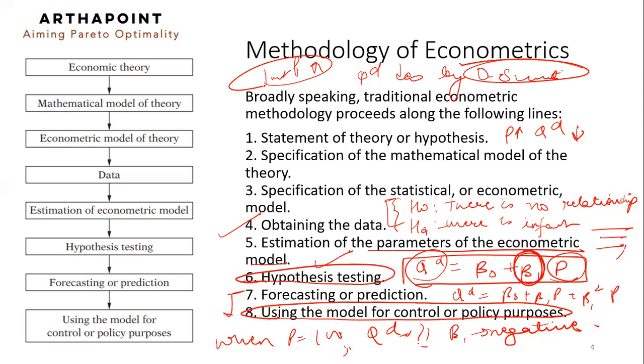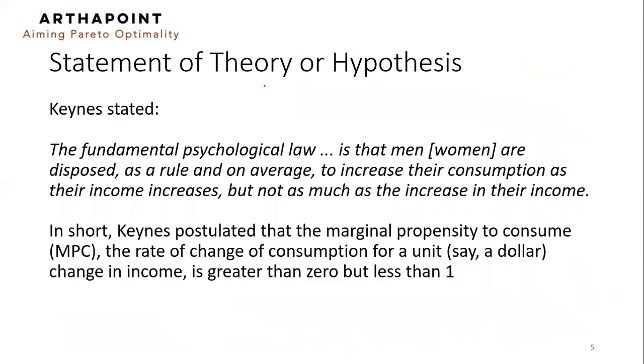Once I've proved that there is a negative relationship between inflation rate and unemployment, and I've given you a number, you as a policymaker understand that the moment you increase inflation by so and so percent, you will face a decrease in unemployment by so and so percent. So, that relationship can be used for policy purpose.